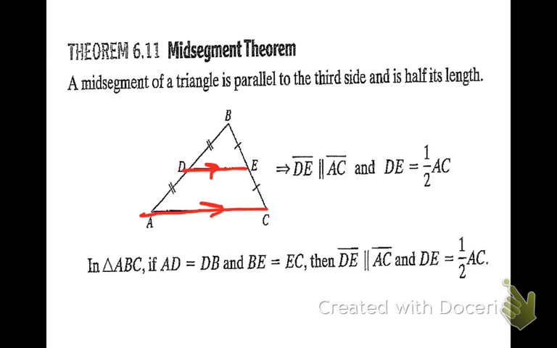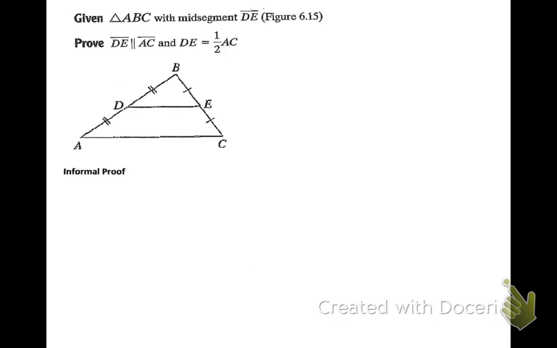All right. So we're given triangle ABC with mid-segment DE. We're going to prove DE is parallel to AC, and DE equals 1/2 of AC.